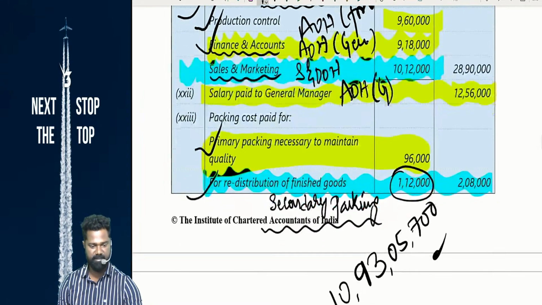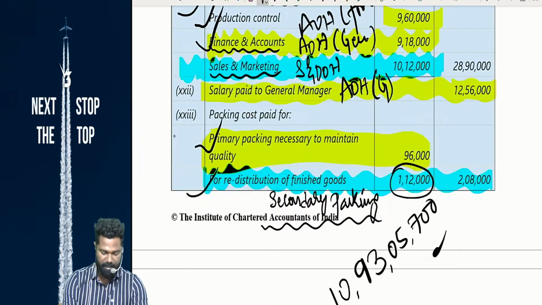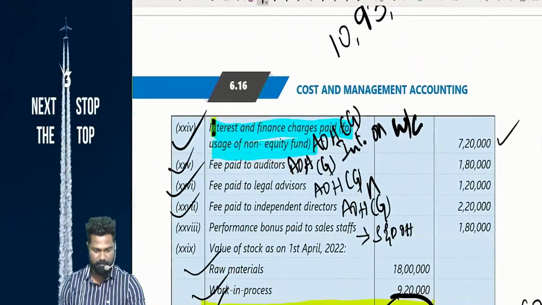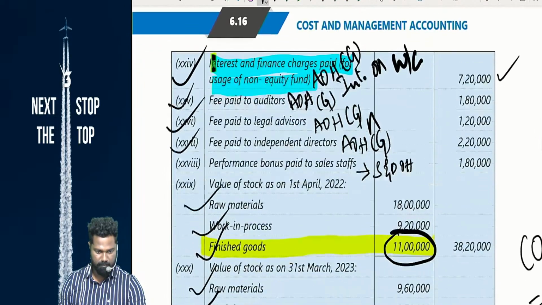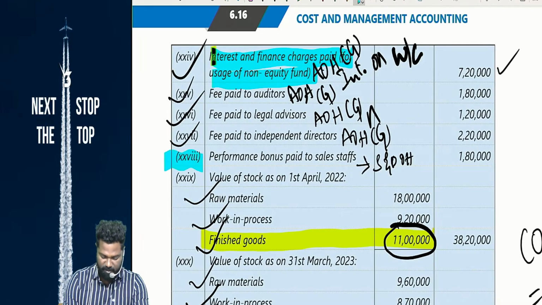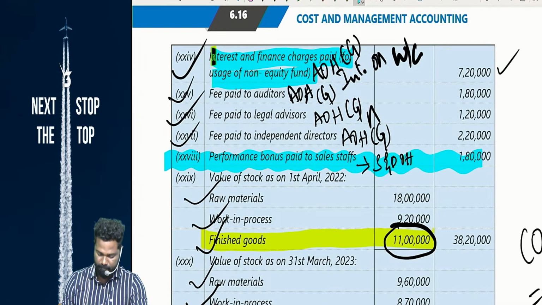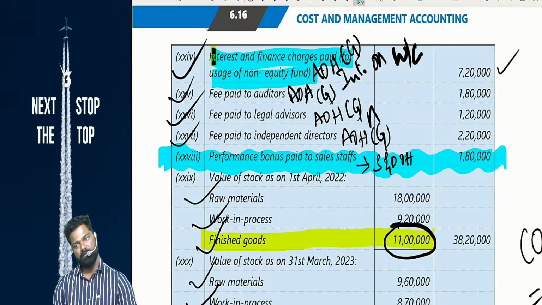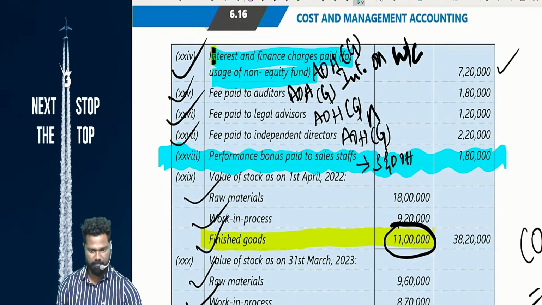Clear? So this is also done. Are there any items left out? Performance bonus paid to sales staff. How much is that? 1 lakh 80,000.